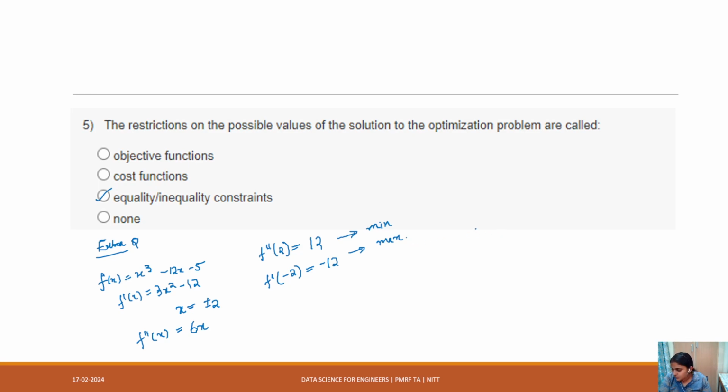So first, what you can do is find out some other points. It's a varying function, so you are given the intervals: minus infinity to minus 2, minus 2 to 2, and 2 to infinity.